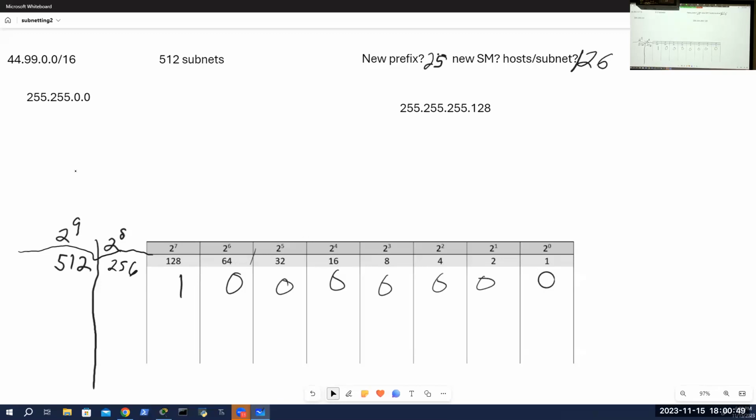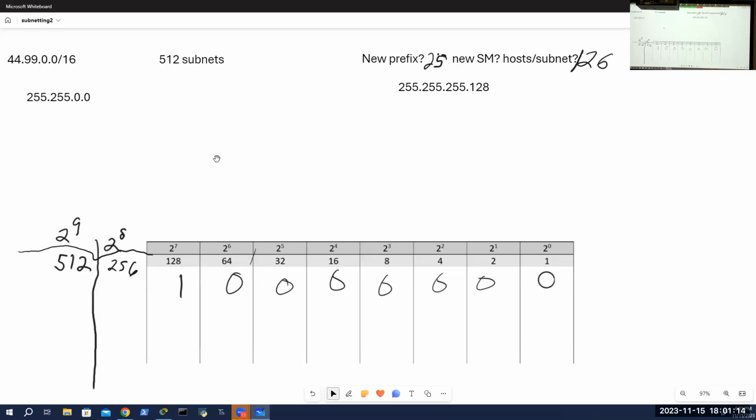And then if you're asked to enumerate them, this is the type of problem that's a little bit trickier in terms of enumerating the subnets, because we're not dealing with just a single octet. Our subnets will be in the third and fourth octet.